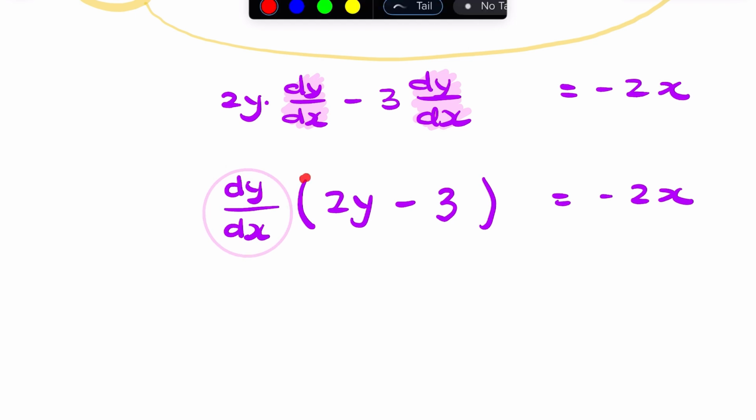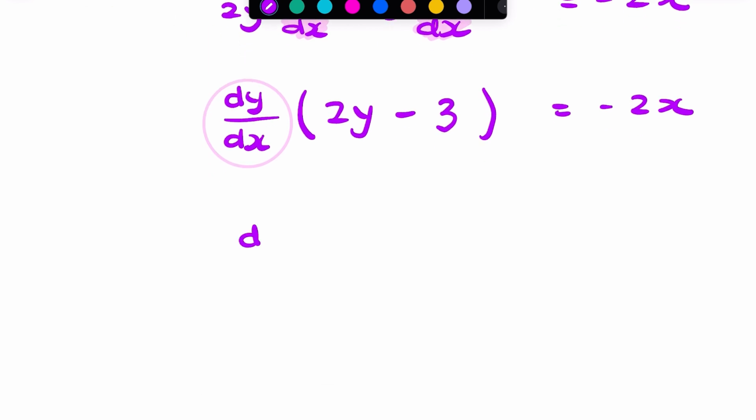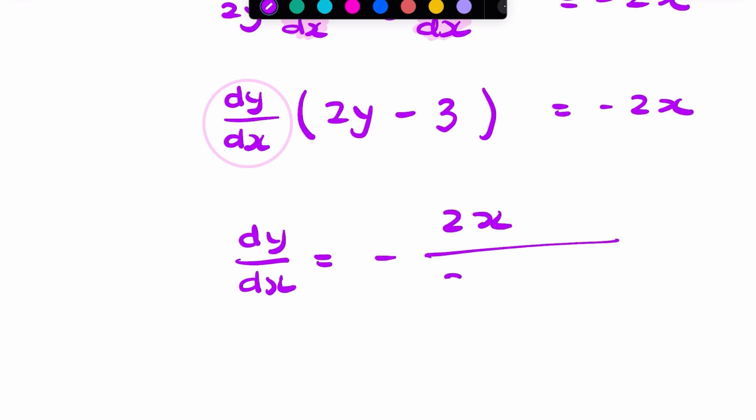So we don't want this. The easiest way to get rid of something you don't want on the left-hand side is to divide both sides by that same term. So our final step will be dy by dx equals negative 2x over 2y minus 3.